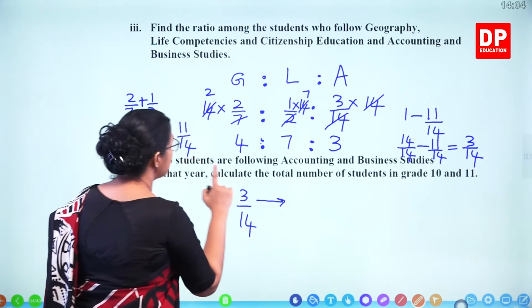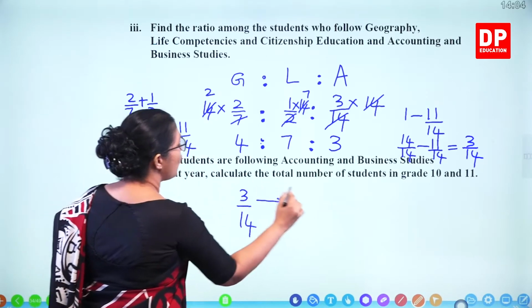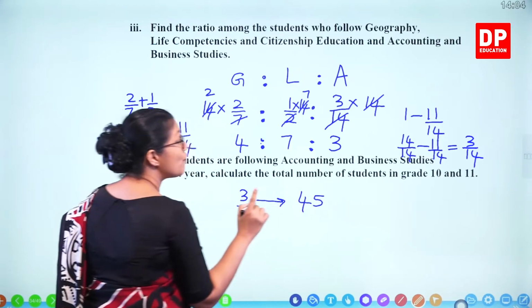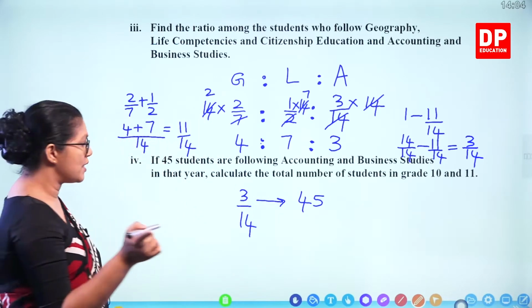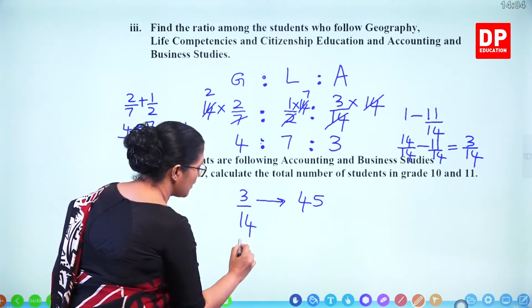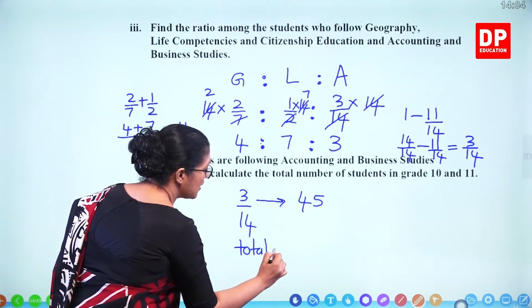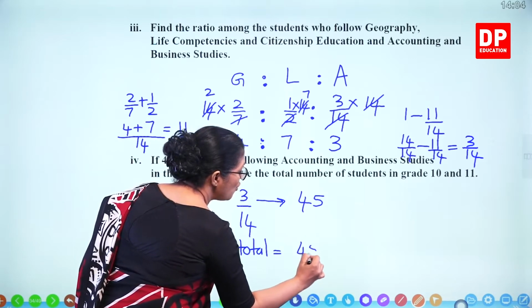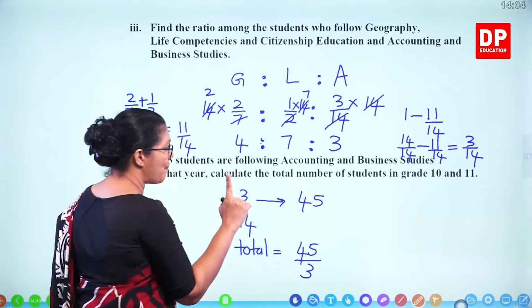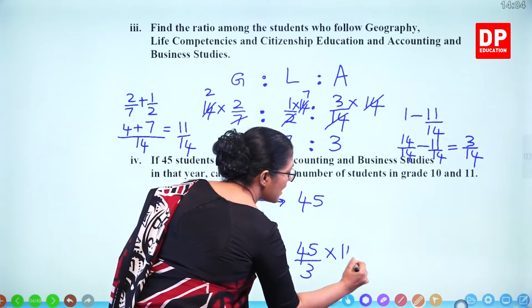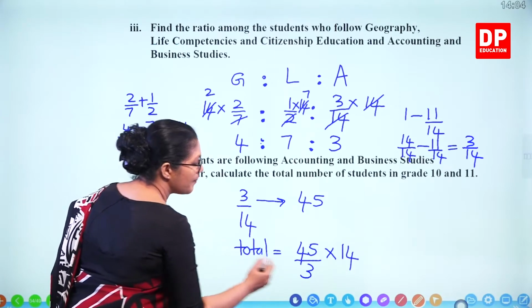So this is given as 45. You need to find the total number of students. You divide by 3 to get 1 part. And full parts, that means 14 parts.